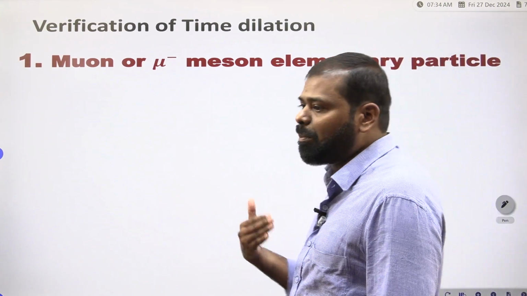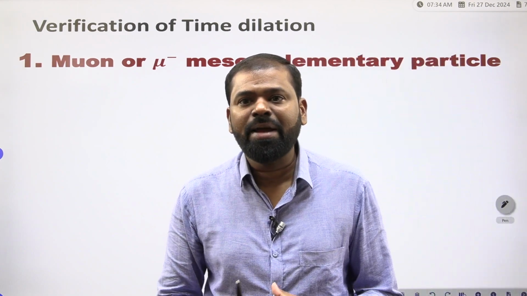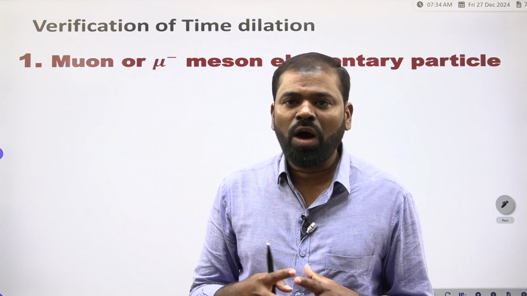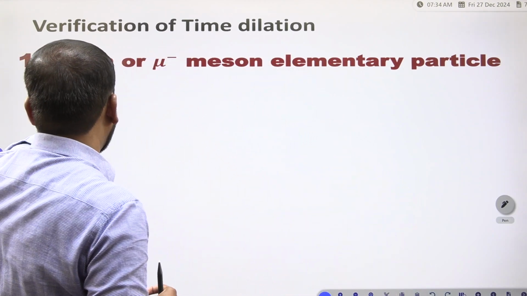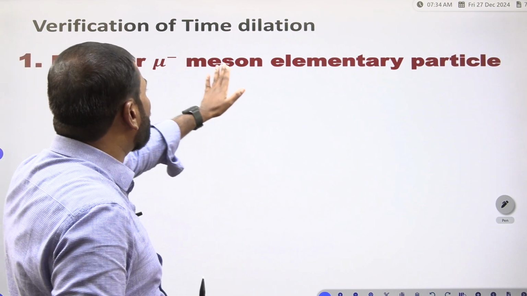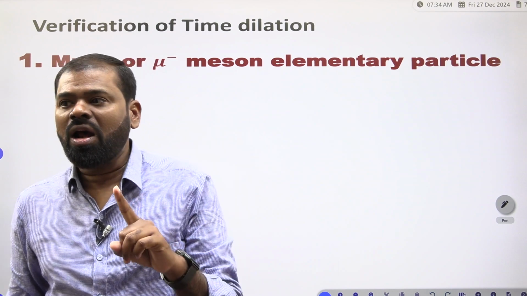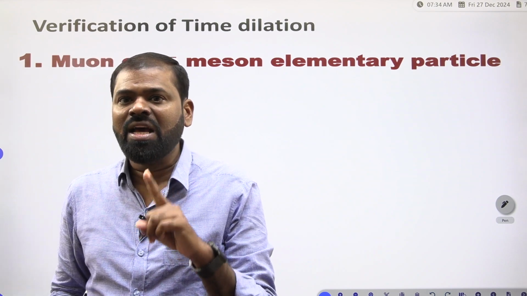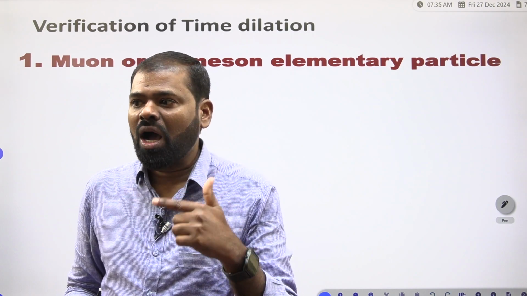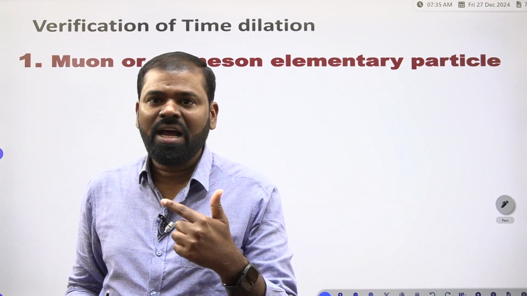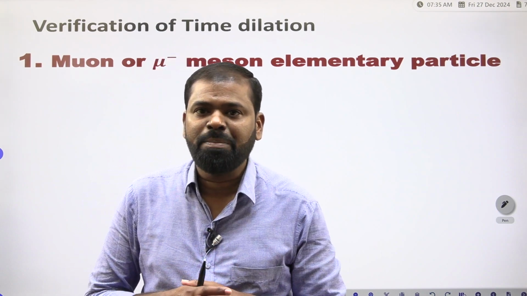So what is the application of time dilation? Once you have to see what that is. The verification of time dilation uses the muon, or mu minus meson, elementary particles. What is that muon or mu minus meson? Mesons are elementary particles.